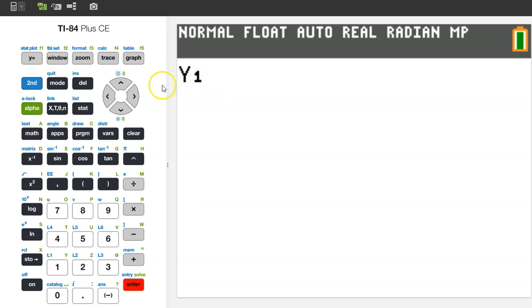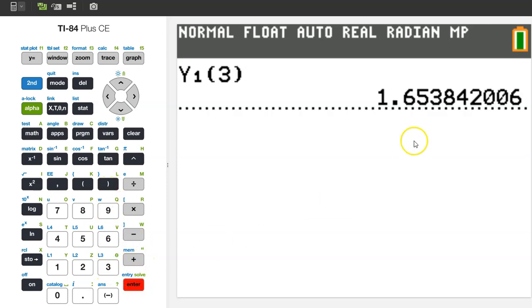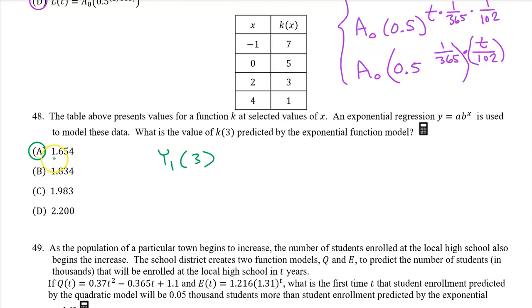This will only work if you did tell the calculator to store the regression model as y1. So now, to evaluate this at 3, just put a 3 next to it in parentheses like this. And that's the answer, 1.654. So the answer is A.